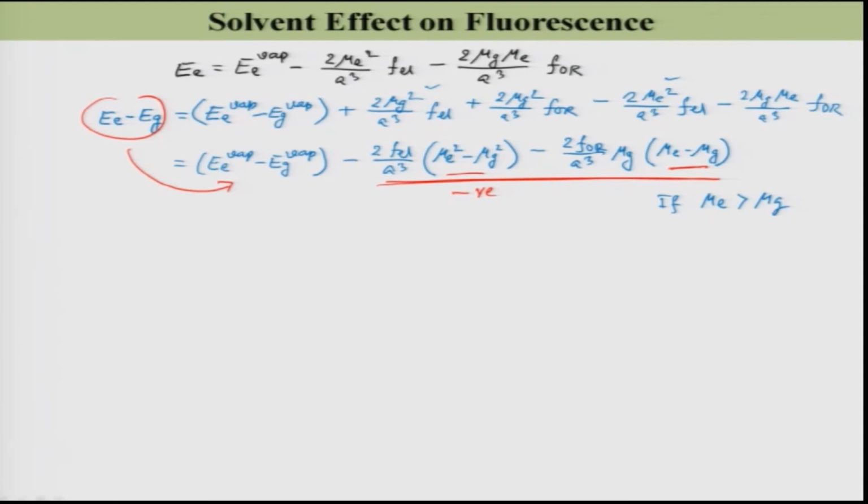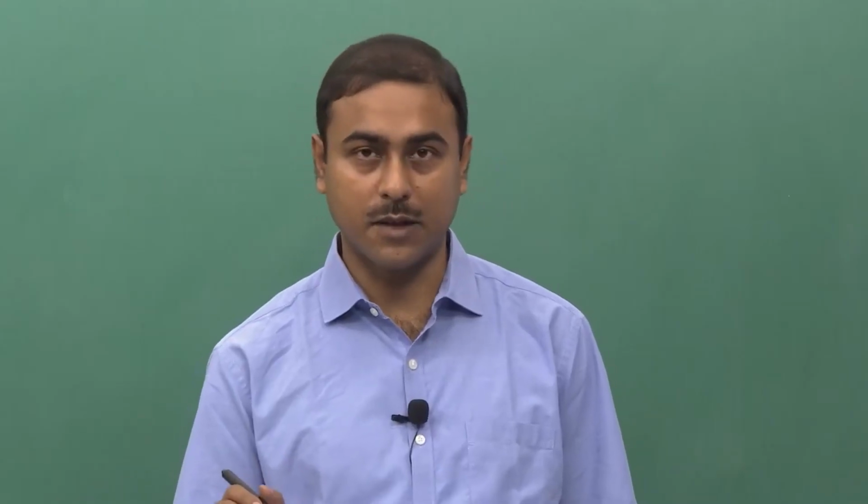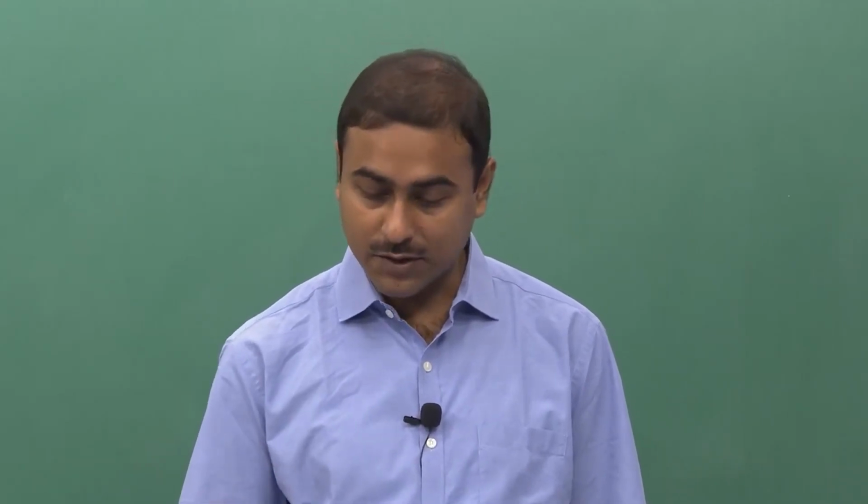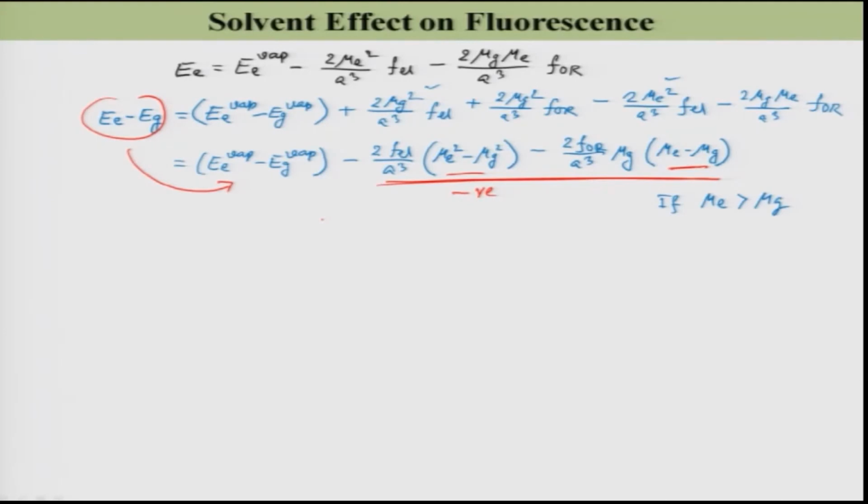That is what we have seen with those model systems while discussing the solvent effect on absorption spectra, right. It is exactly the same thing, but here I have shown you a more mathematical treatment. So, when mu_E is greater than mu_G, then I will see a red shift in the absorption spectra, right.